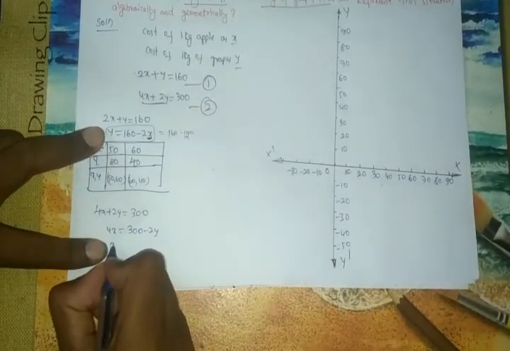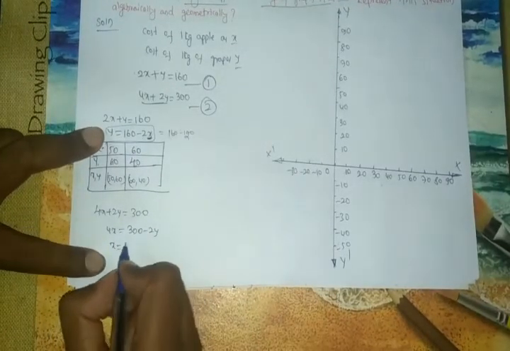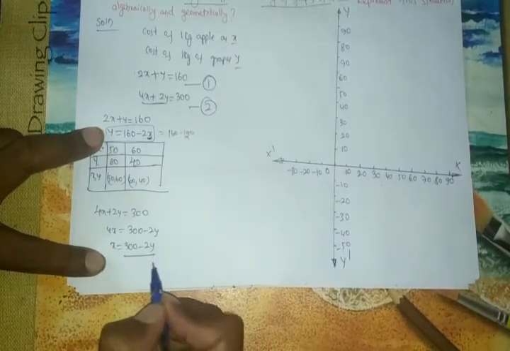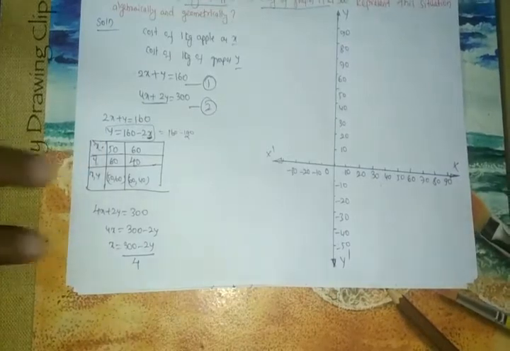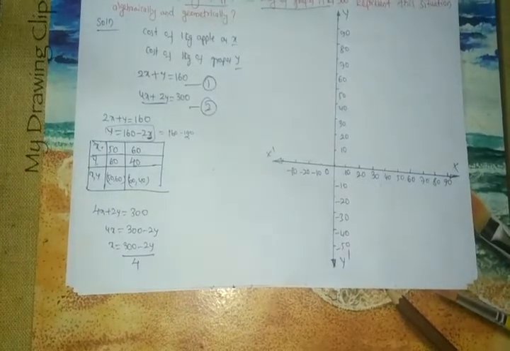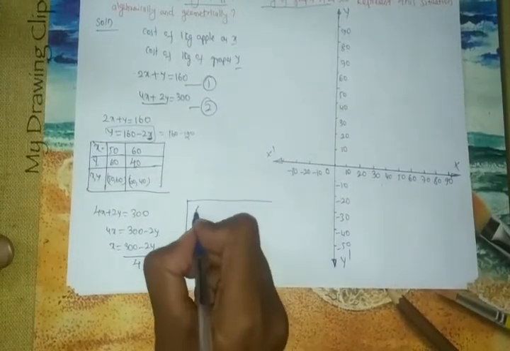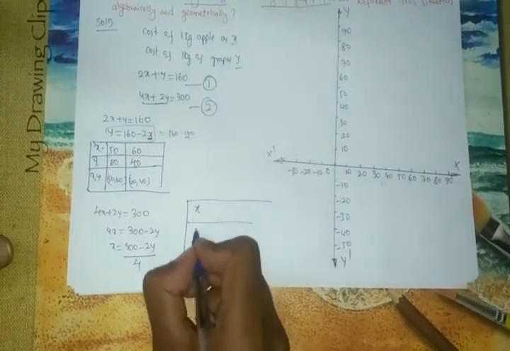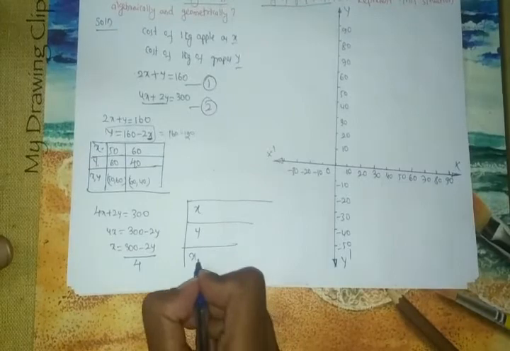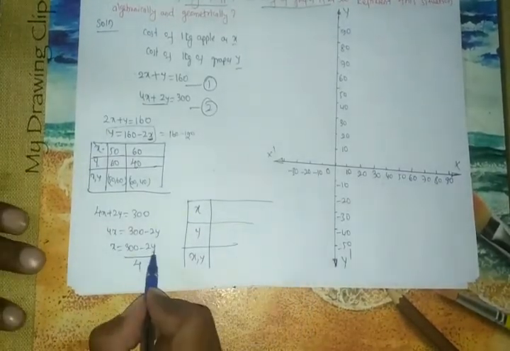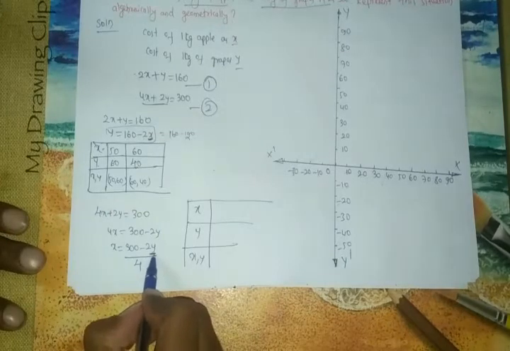So x equals 300 minus 2y divided by 4. Let me draw a table which contains x, y, x comma y.